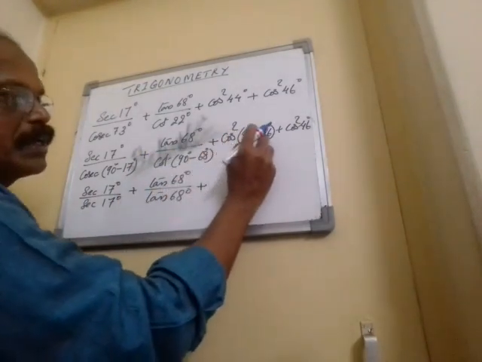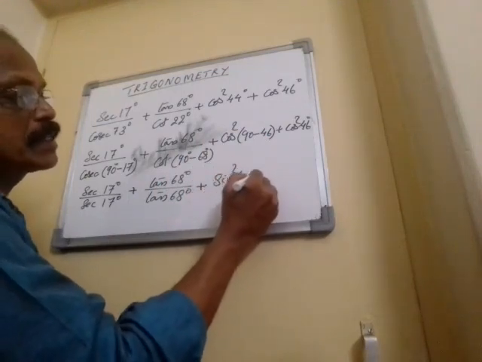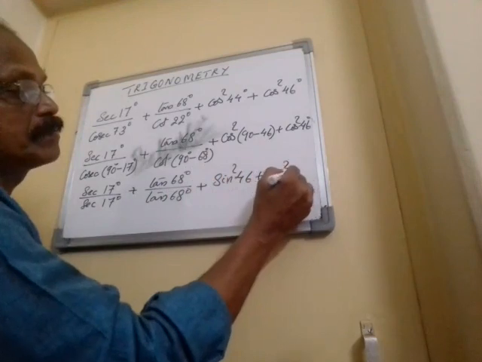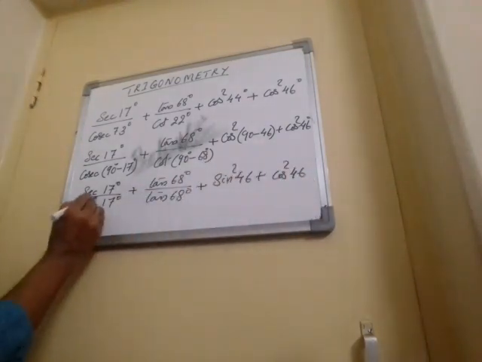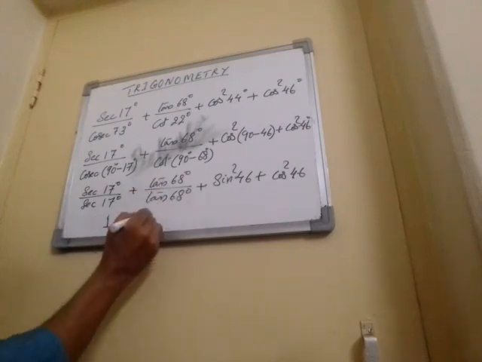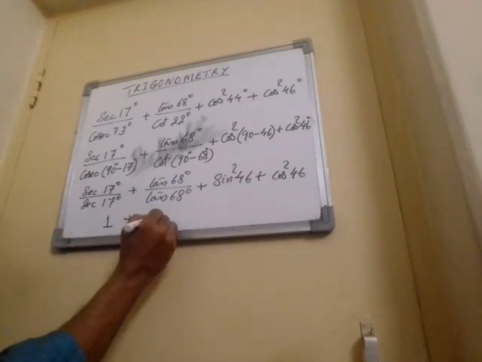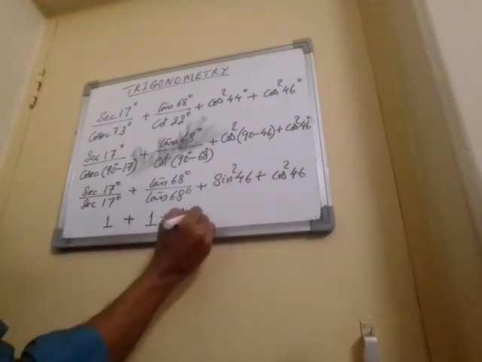Again cos 90 minus theta is sin theta, so sin square 46 plus cos square 46. So cancelling gives 1 plus 1, and sin square A plus cos square A is 1, so plus 1, so the final answer is 3.